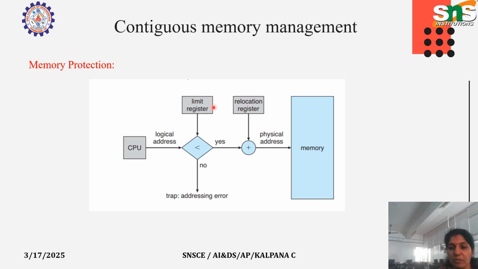The base address is nothing but the location in main memory from which your process is going to get executed, the starting address of the process, and the limit gives the size of the process.